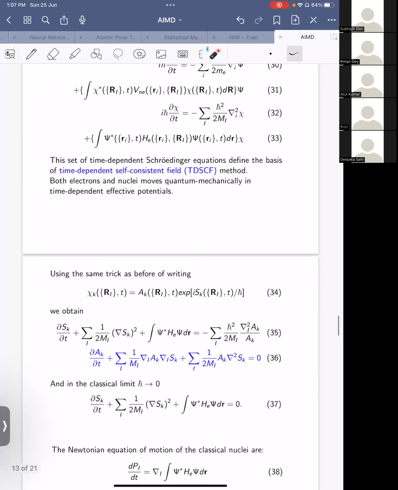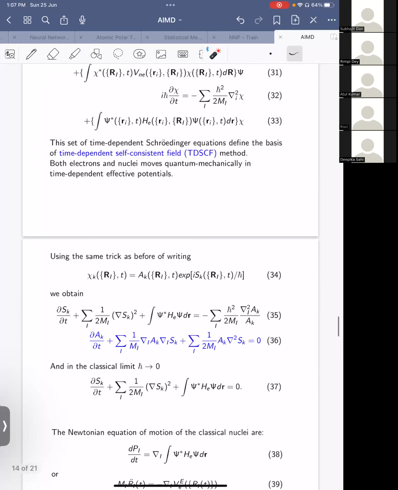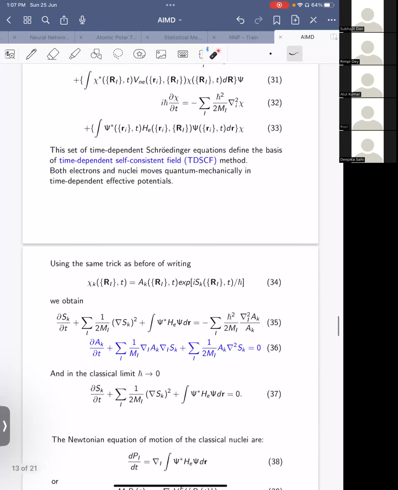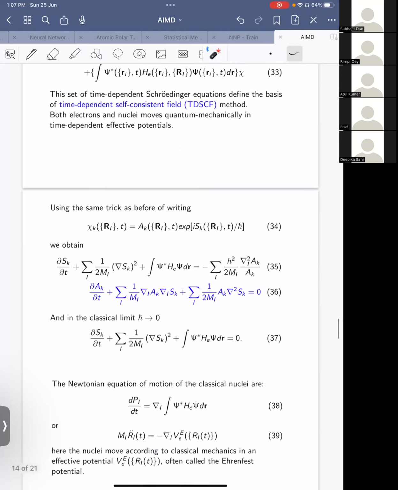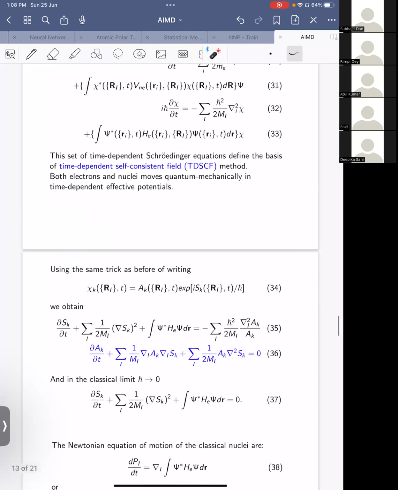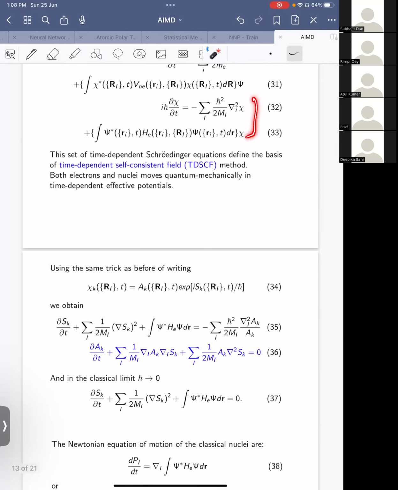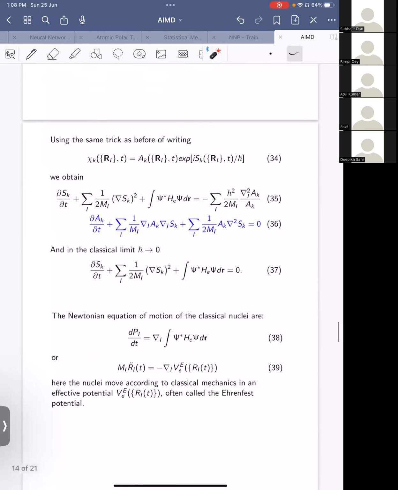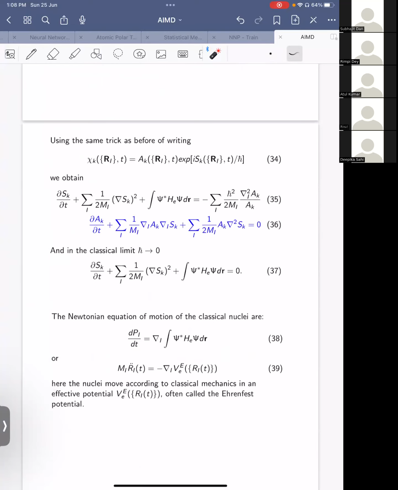So we will use the same semi-classical approximation in these equations as well. This is the nuclear wave function. We use the same method and insert equation 34 into this equation, and we get an equation like this.